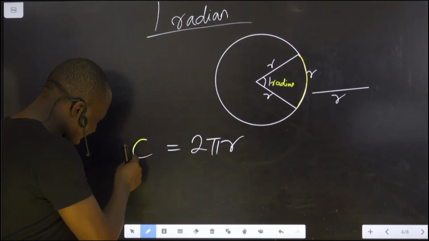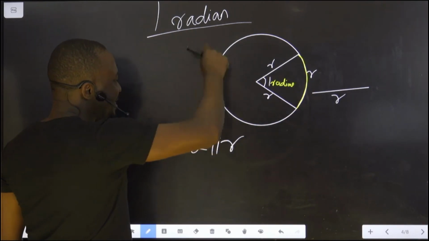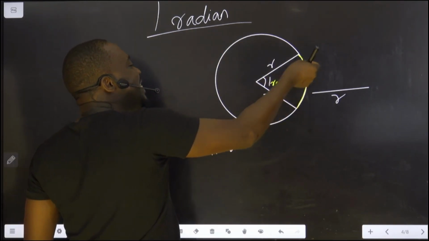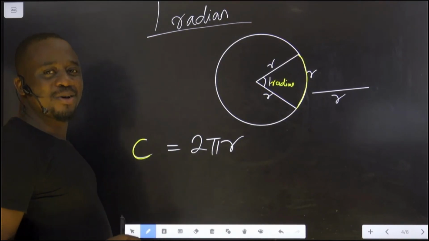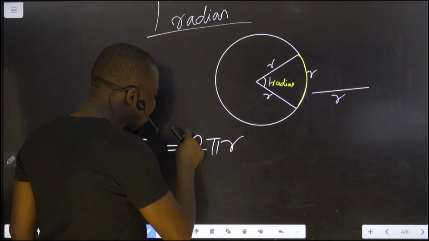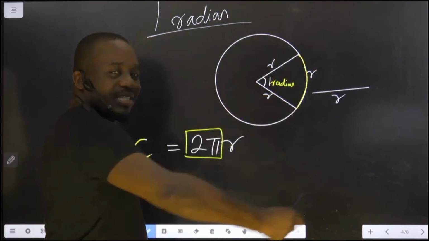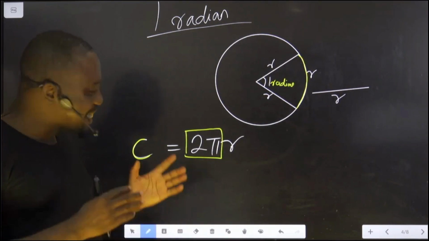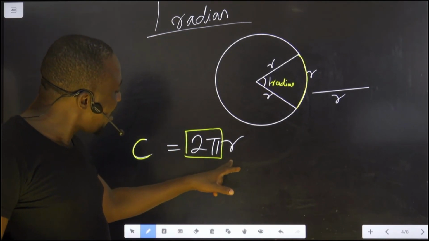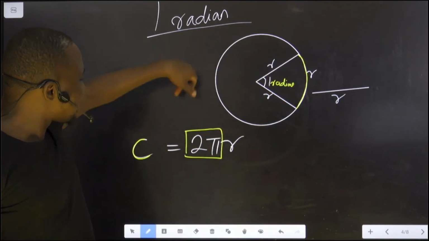Remember, this circumference is the length of this. So how many of these are in this circumference? It means that 2 pi radii will cover this entire circumference. That is the meaning of this: the number of radii that can cover this entire circumference.